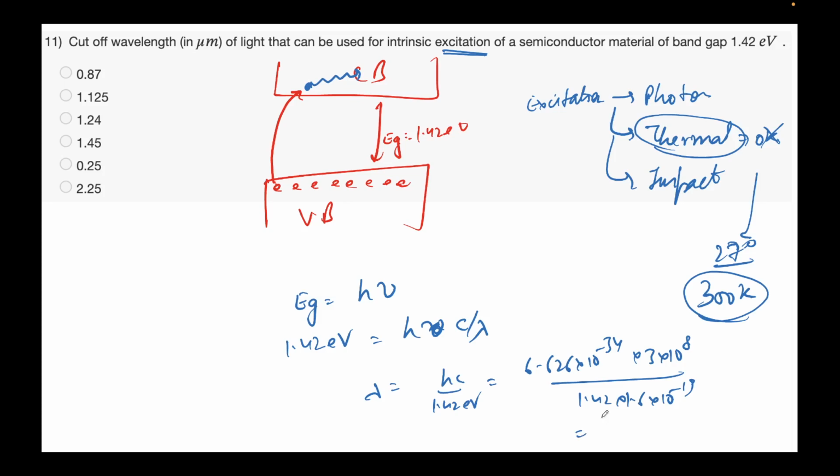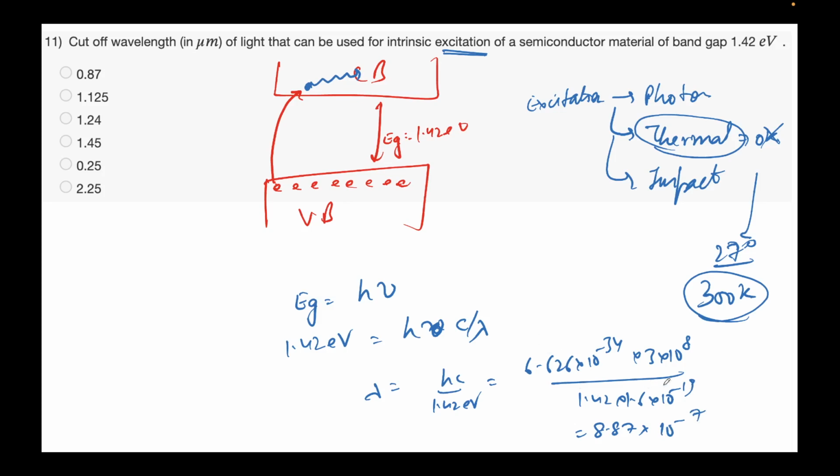All right, so let's quickly calculate this. 6.626 times 3 divided by 1.42 divided by 1.6, the answer comes out to be something like 8.87, and the powers, minus 34 plus 8 plus 19, come out to be minus 7.